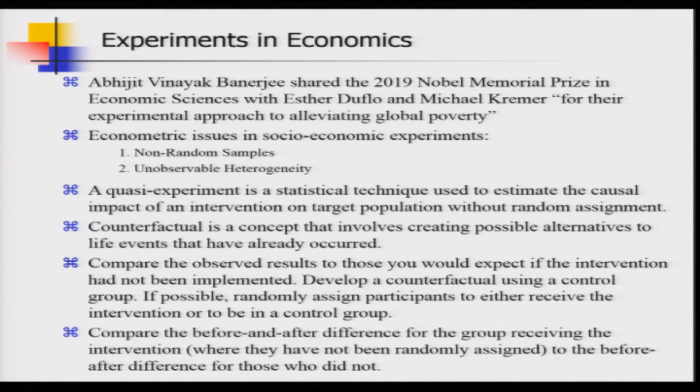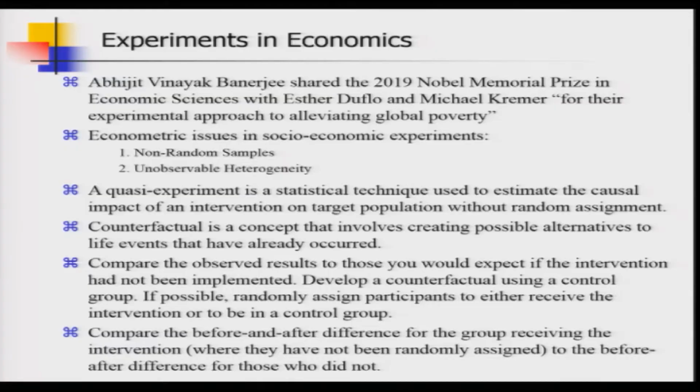Now, if unfortunately you cannot assign subjects to this control group randomly, then you can use some other control group where the participants or entities are not randomly assigned. In that case, if random assignment is not possible, then you have to go for an econometric method which is popularly called DID, or difference in differences method.